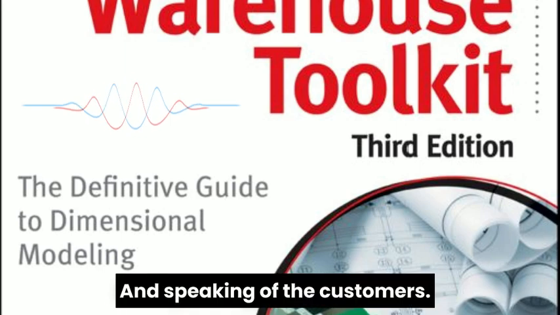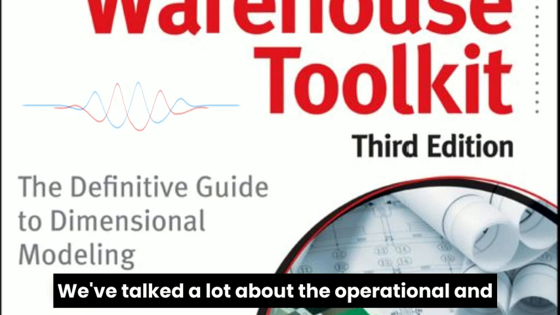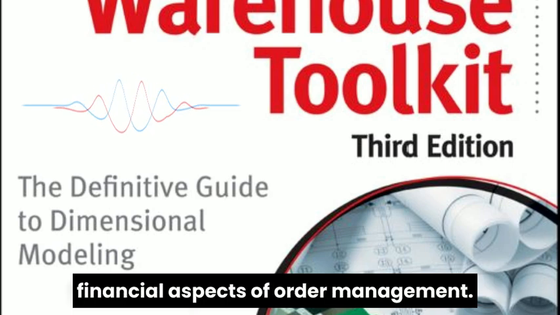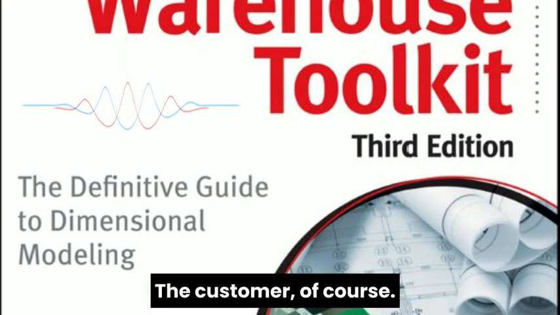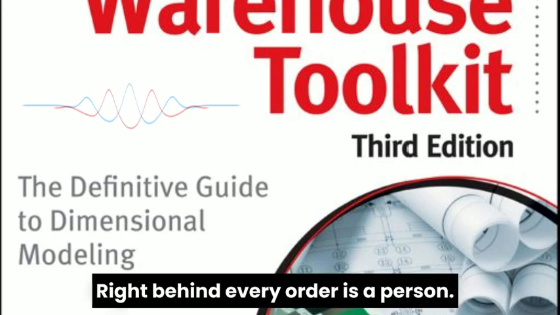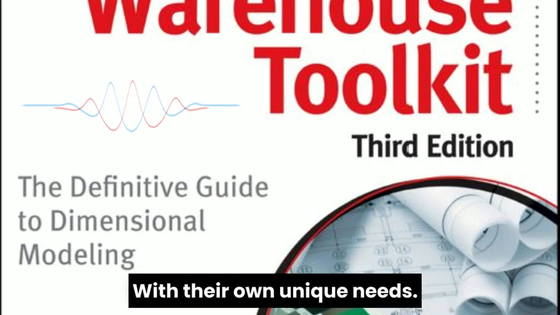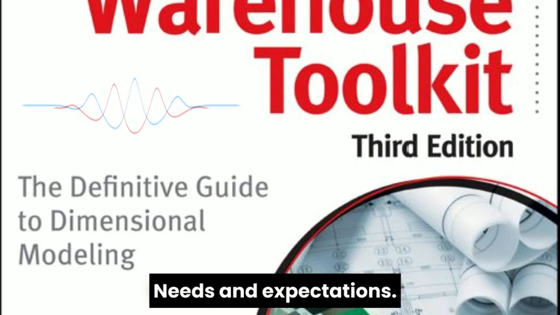Exactly. And speaking of the customers, we've talked a lot about the operational and financial aspects of order management. But let's not forget the most important element. Who's that? The customer, of course. Right behind every order is a person. A real person, with their own unique needs and expectations.